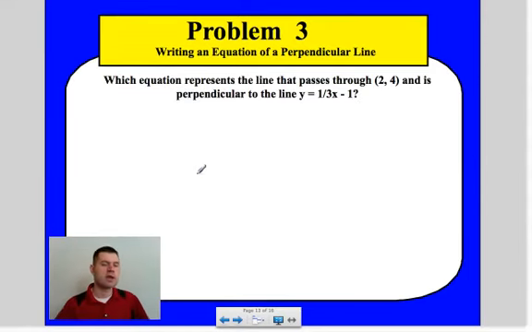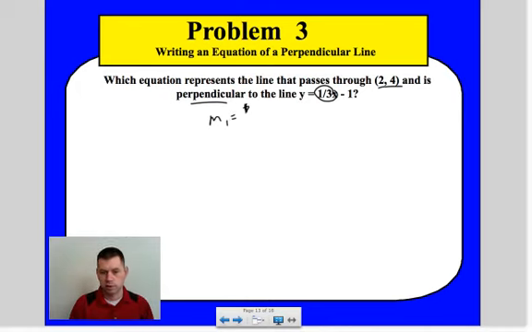Okay, so let's write an equation of a perpendicular line. Now that we've talked about how to recognize which one's which, let's talk about how to write one. Again, we need this point, and we need to know that it's perpendicular. But with perpendicular and parallel lines, all we need is the slope. So m1 has a slope of 1/3.